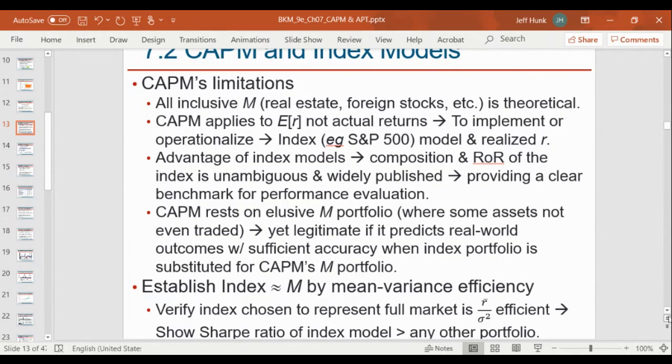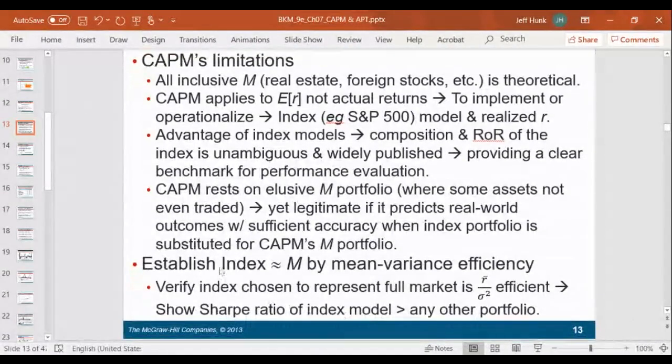Now, we need to establish that the index is roughly equivalent to the market portfolio. How do we establish that? Through mean variance efficiency.